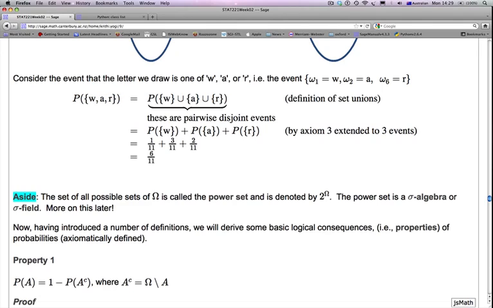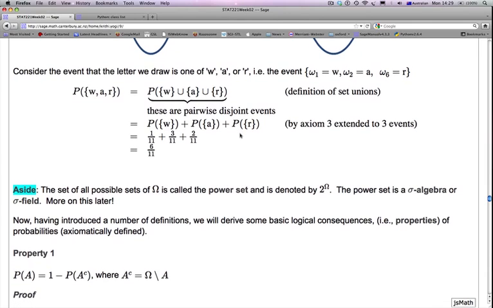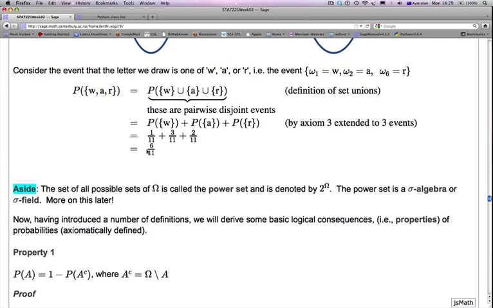That's just the probability of W union A union R, and these are pairwise disjoint events. So this is simply the probability of W plus the probability of A plus the probability of R by axiom 3. So we simply sum up the probabilities and get 6 over 11 for the probability of the event that we pull either W or A or R.